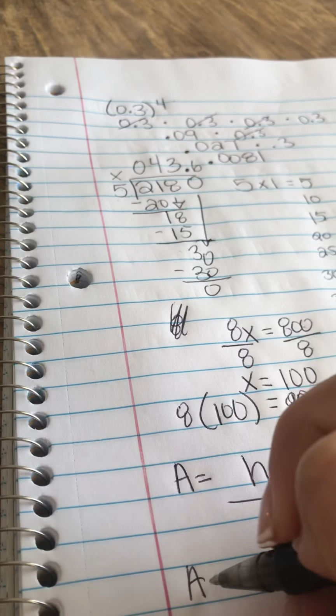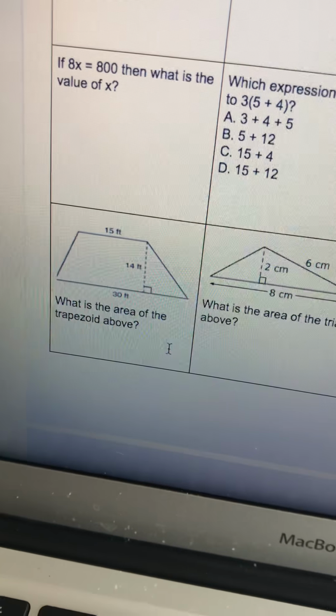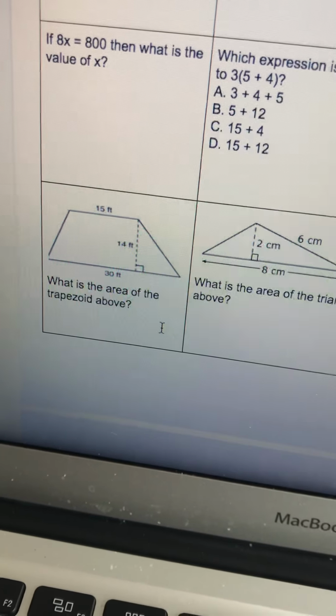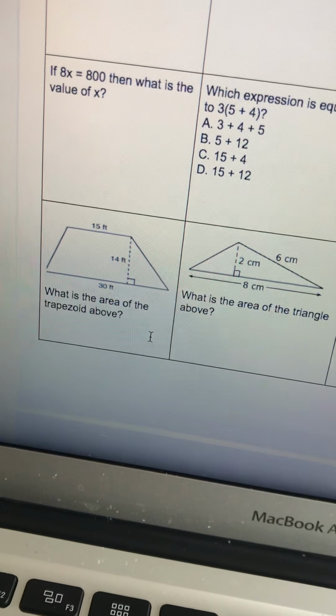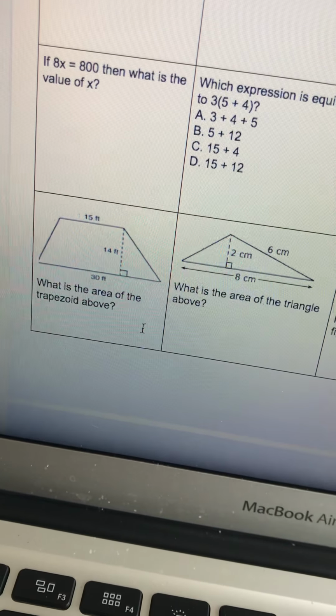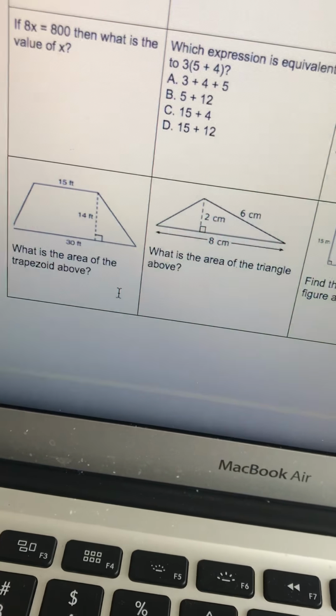Now let's plug in what we know. What is our height? The height of that trapezoid is 14. Base 1 is 30 and base 2 is 15. Remember that addition is associative, so you could do 15 for base 1 and 30 for base 2.